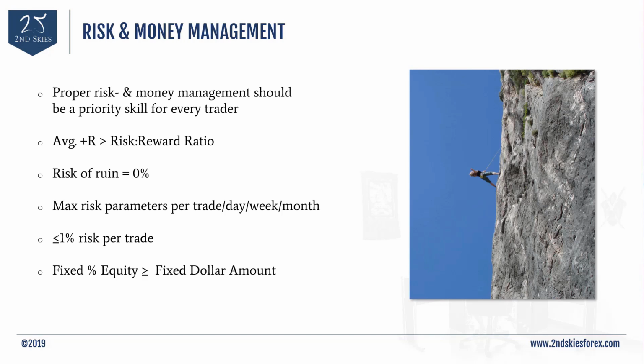So the first or second line here is average plus R and risk to reward ratio. You'll often hear the term risk to reward ratio, and what that basically means is: what is my risk in relationship to my reward, and what's that ratio? So if I'm risking $10,000 on a trade, how much do I stand to gain if it hits my profit target?